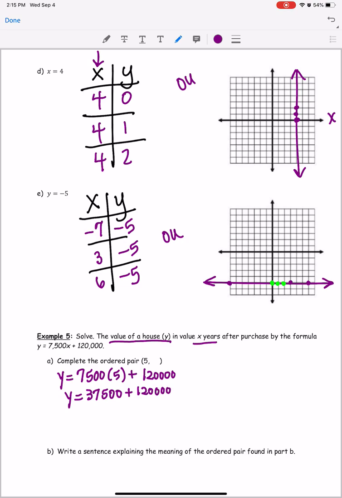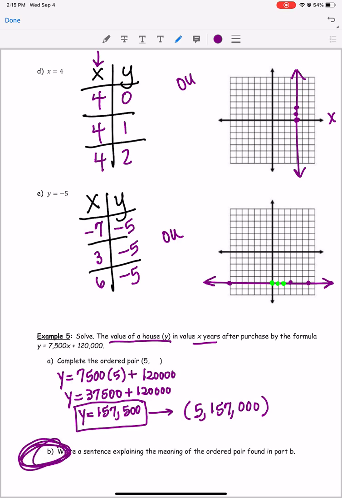Add them together. We get Y equals 157,500. So this is my Y, so that means my ordered pair now is 5, 157,000, sorry. Okay, so that one we've been doing.